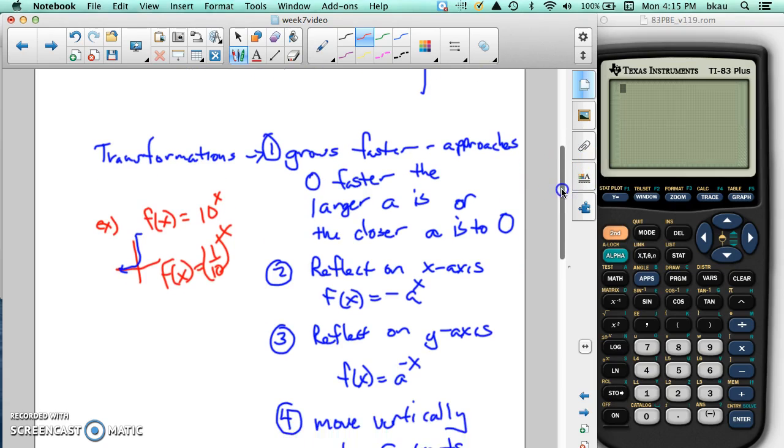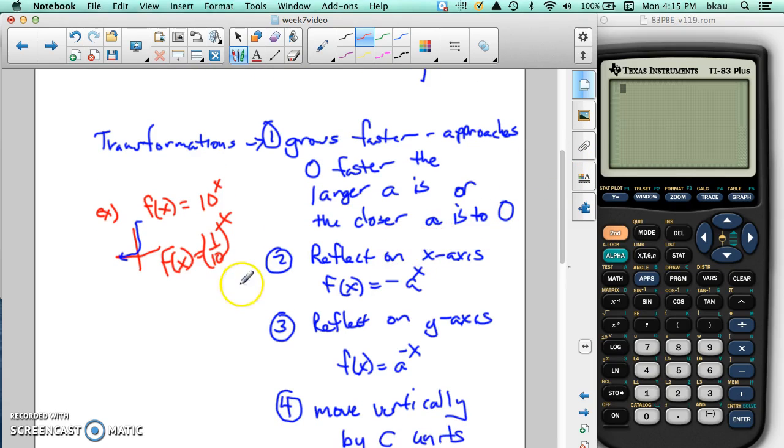The second type is a reflection on the x-axis. That means we flip it over the x-axis. In that example, we would take our function, and let's say it was negative 2 to the x power. That would take the original function, which kind of looked like this, and flip it over the x-axis, so it would go down like this.